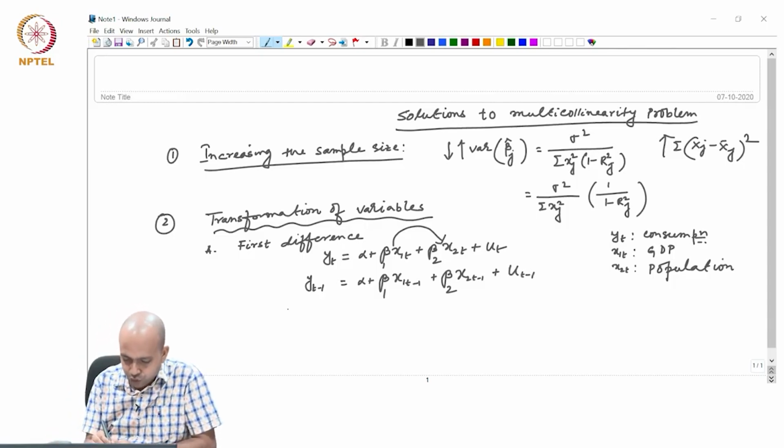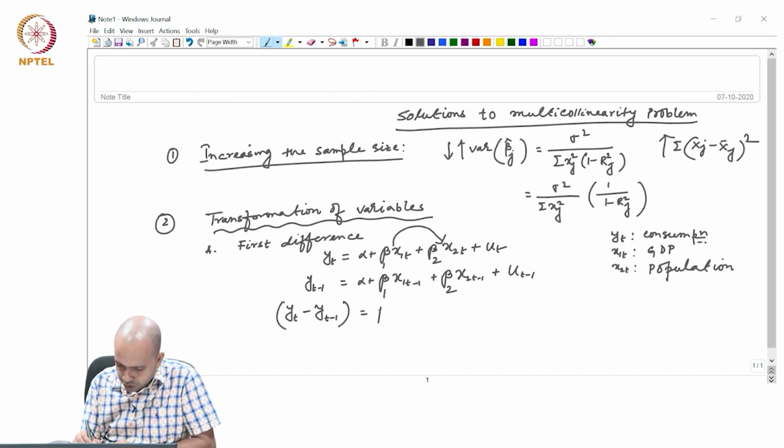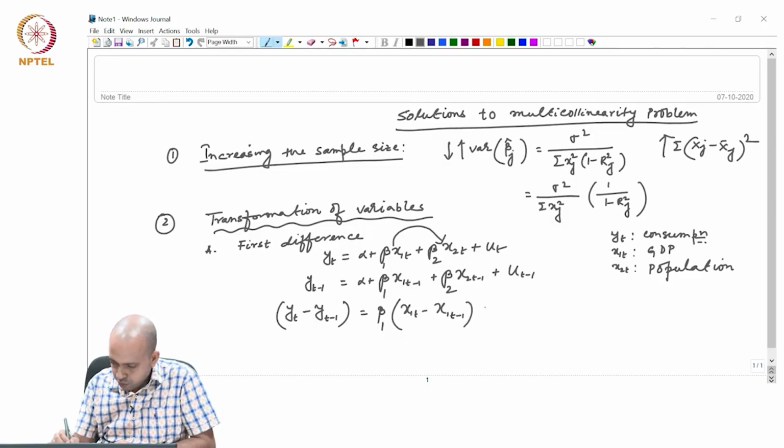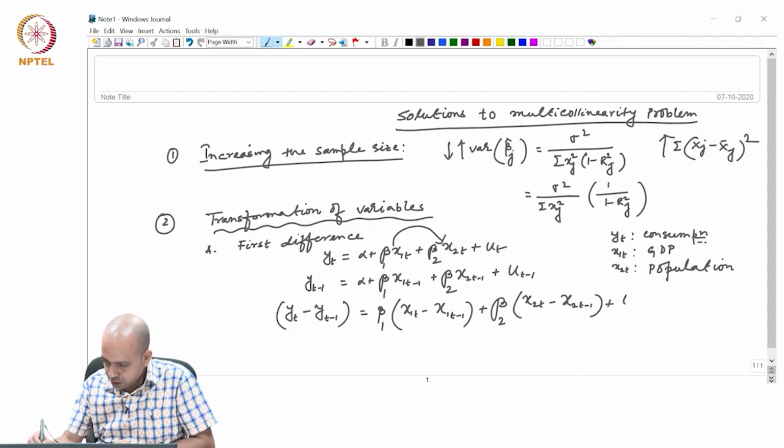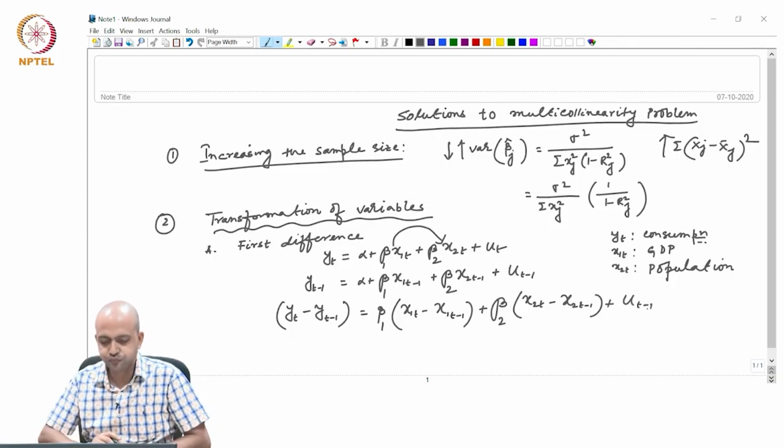And then you subtract it from the original, so y t minus y t minus 1 equals beta 1 times (x 1 t minus x 1 t minus 1) plus beta 2 times (x 2 t minus x 2 t minus 1) plus (u t minus u t minus 1).